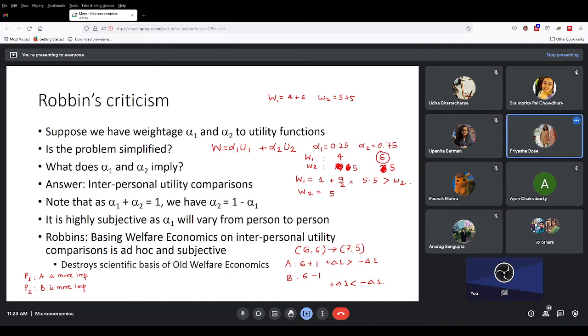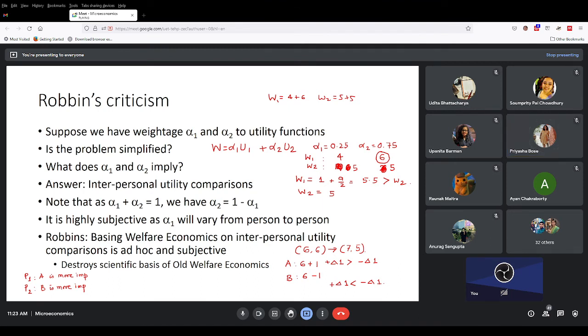So why don't we consider a planner who's indifferent between A and B? Unbiased. In that case, how will he choose between 7-5 and 5-7? That's my question. How do you choose?